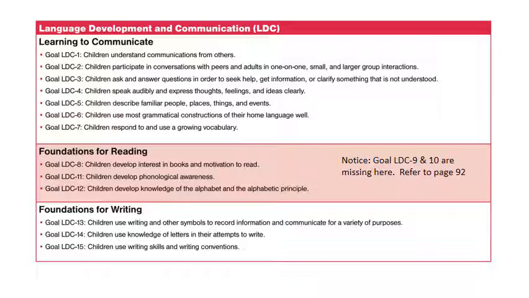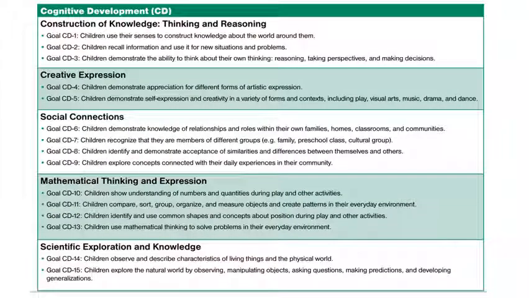So you would need to refer to page 92 in your Foundations book to get to those particular goals in this area. So just make sure that you're aware that is missing currently in the current edition of the Foundations book. And then last, you've got your cognitive development domain.